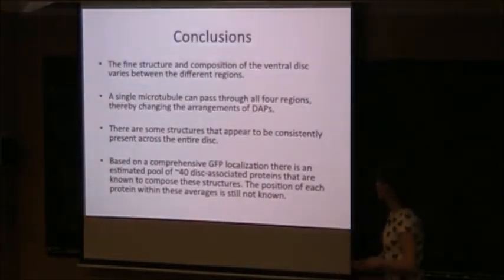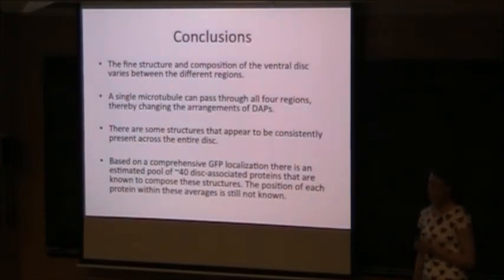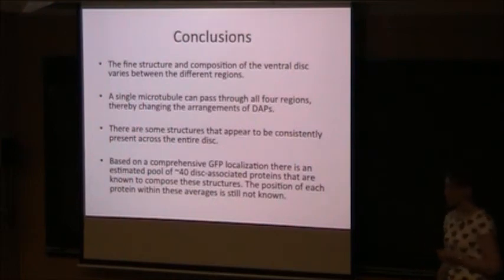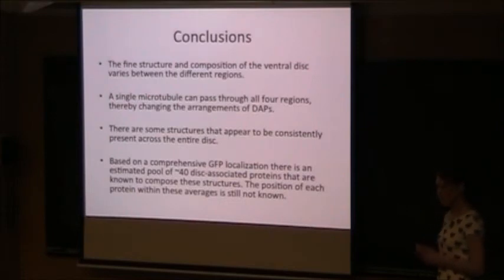So, in conclusion, basically we see that the fine structure and composition of the ventral disc varies between the 4 different regions. I only told you about 2 today, but there are actually 4. A single microtubule can pass through all 4 regions, and somehow this organism is changing the arrangement of 40 proteins which compose the disc throughout these 4 regions along a single tube.